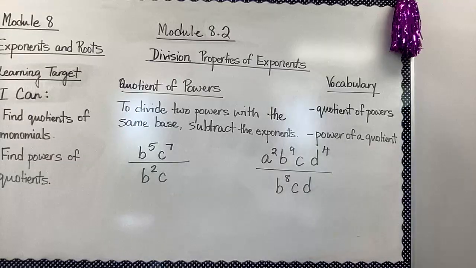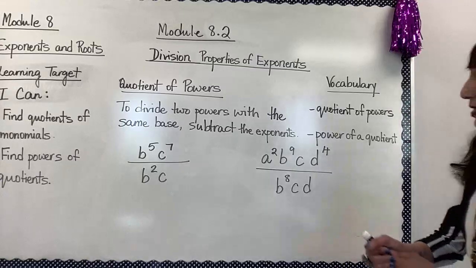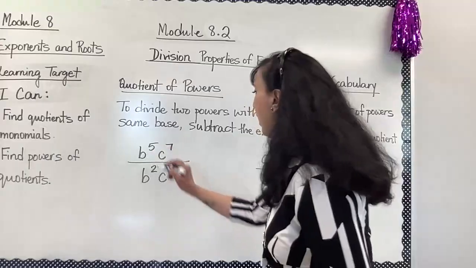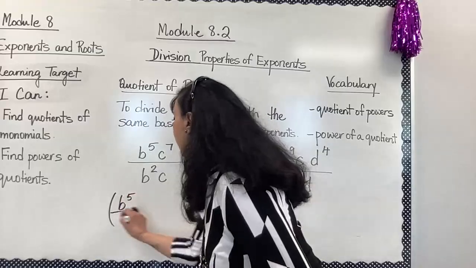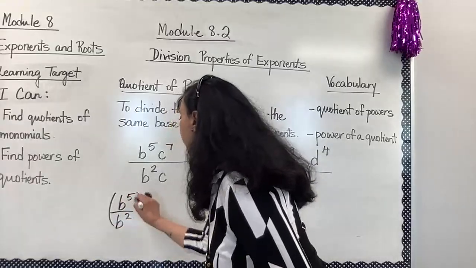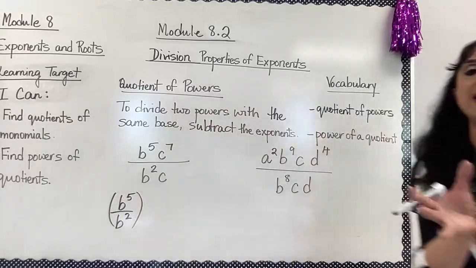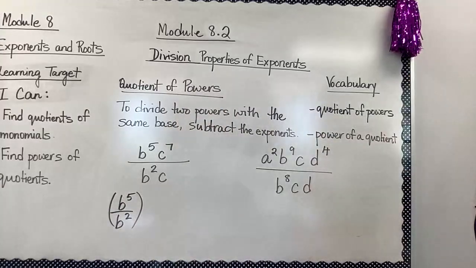And so what I want to first do is group the powers with the same base. So I am going to group this. I have b to the 5th power over b squared. So I'm just going to group the same bases. And b and b are the same base, and then c and c are the same base.